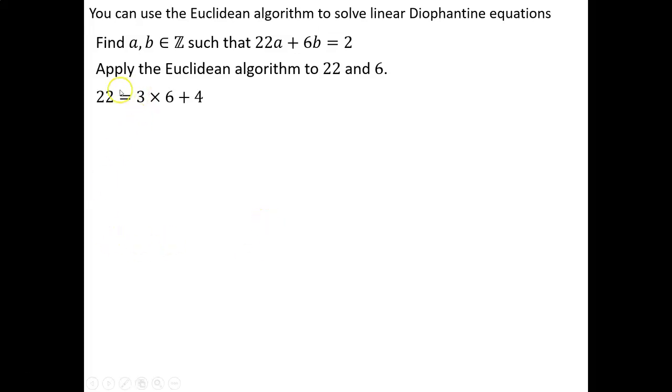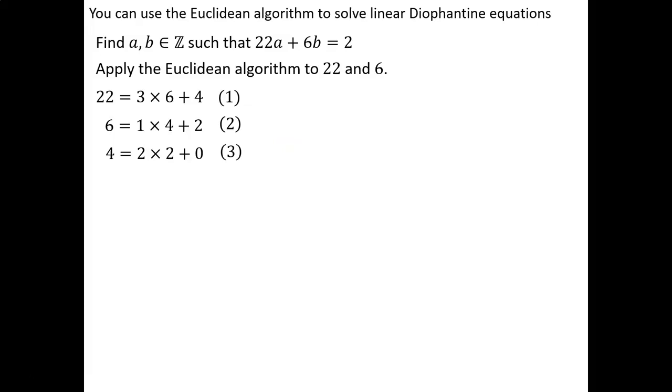So we're going to write 22 equals 3 times 6 plus 4. I'm calling that equation 1. 6 equals 1 times 4 plus 2. And last step there.